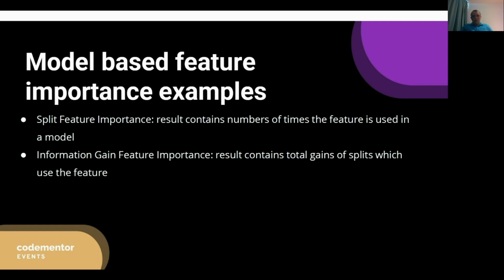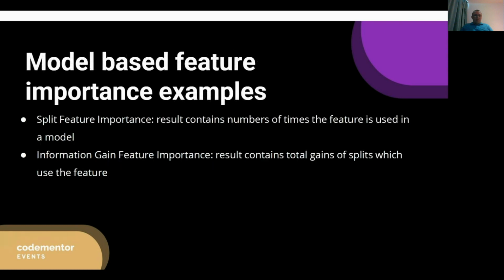Every time we decrease the entropy because of this feature, we sum it up, and the overall information gain we get from this particular feature is the feature importance for this feature.